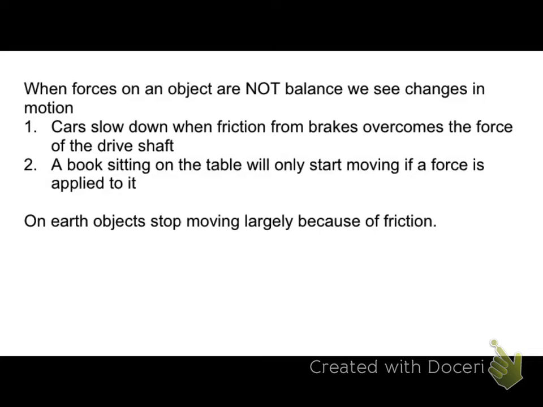There's friction between all moving parts inside the motor, and engine and the drive shaft of your vehicle. All of those moving parts have friction. We try to minimize it by adding oil and grease and things, but we can't 100% do away with it, which is why if you step off that accelerator, it's always going to start slowing down because that friction is going to unbalance those forces and cause a change in that motion.